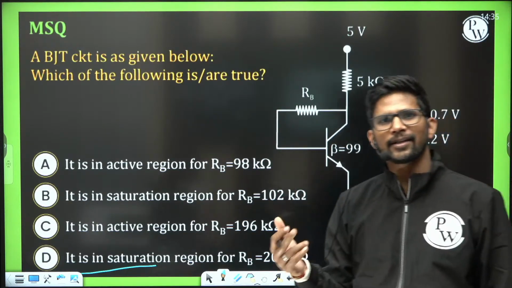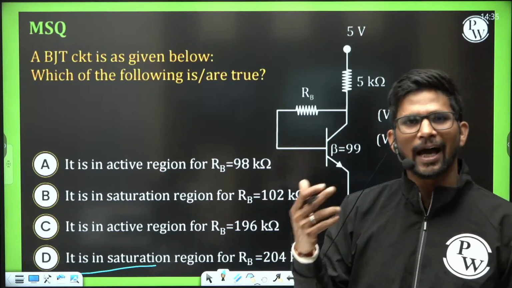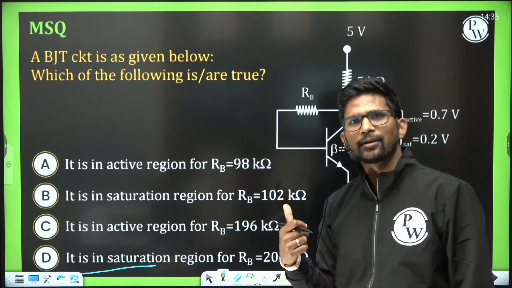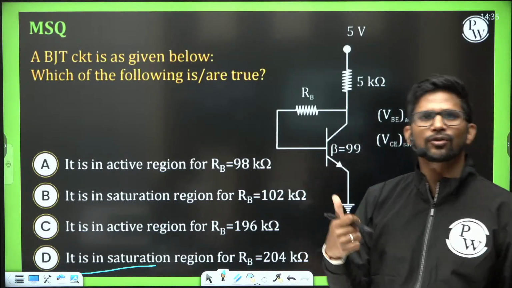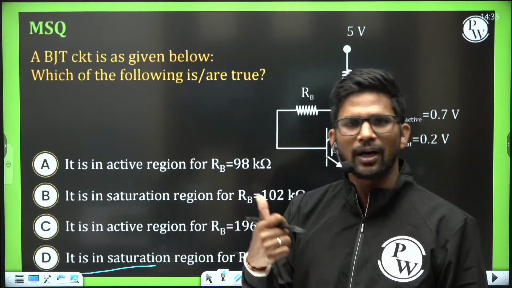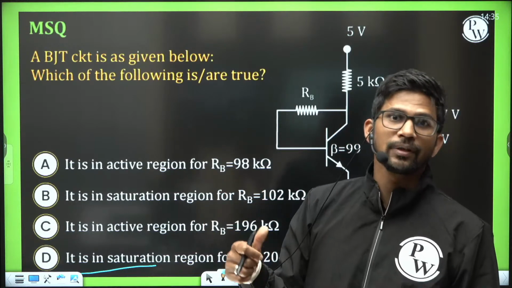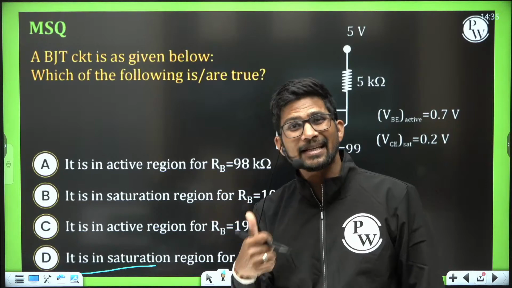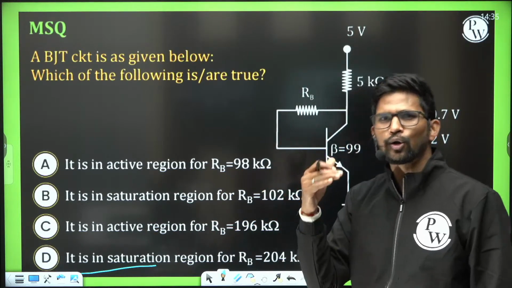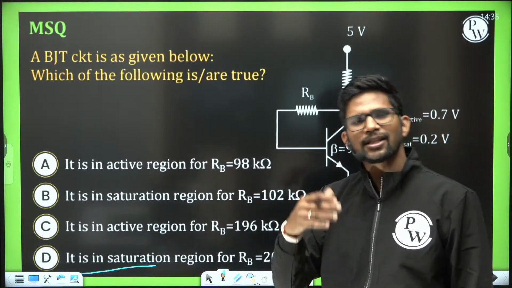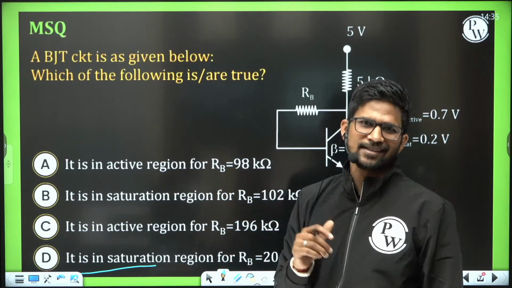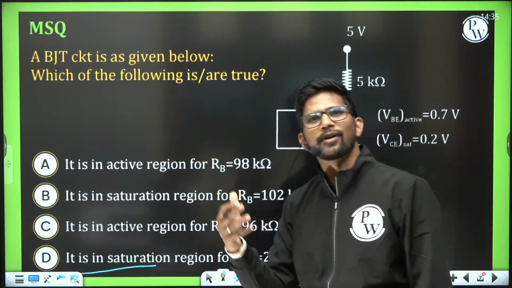First, identifying the negative feedback and ideality of op-amp, that is whether open loop gain is infinity or not. Then proceed further whether the virtual ground concept is applicable or not. If applicable, then try to find out the value of V plus, then equate V minus as V plus, and then apply KCL at the negative terminal. If you follow these basic steps, either you will be getting the answer or you will be nearing the answer. You will find the steps to find out the answer.